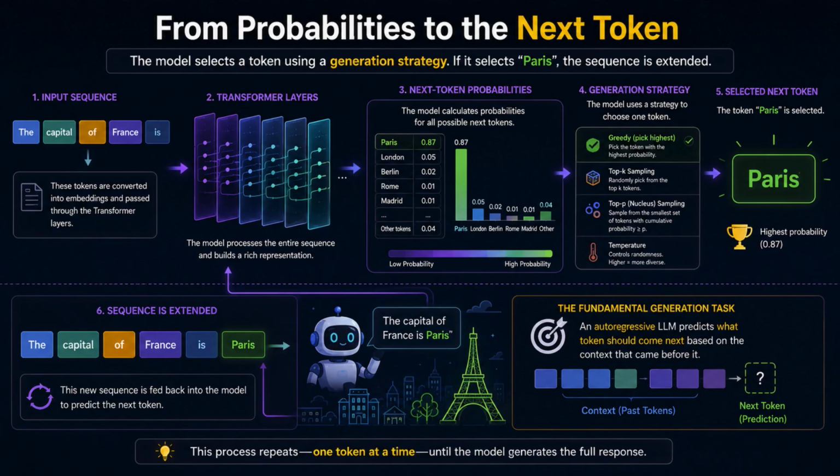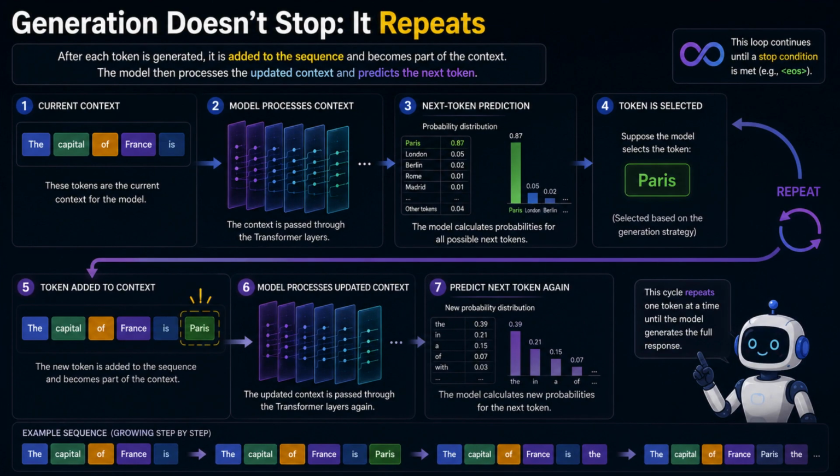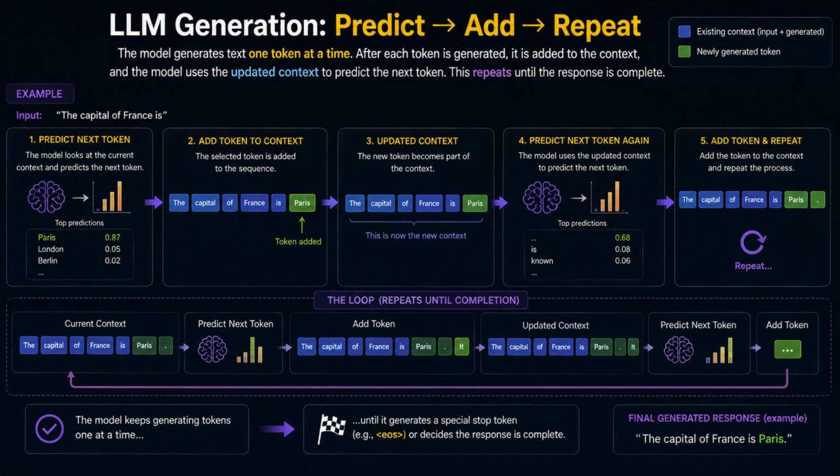But the model doesn't stop after predicting one token. This is where the final and very important part of the flow happens. Repeat. Once the model generates a token, that new token is added to the existing sequence and becomes part of the context. The model then processes the updated context and predicts the next token. It does this repeatedly, one token at a time.